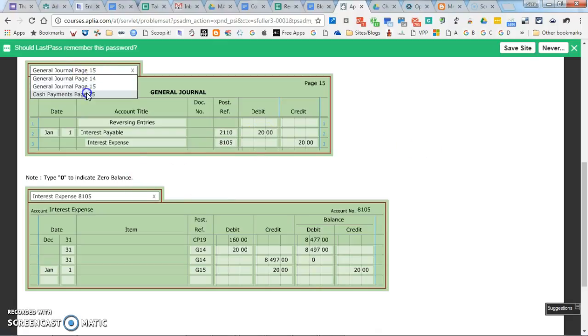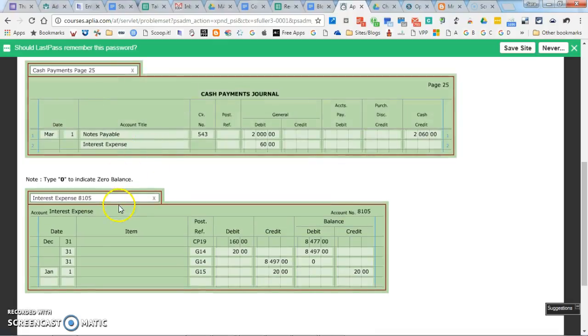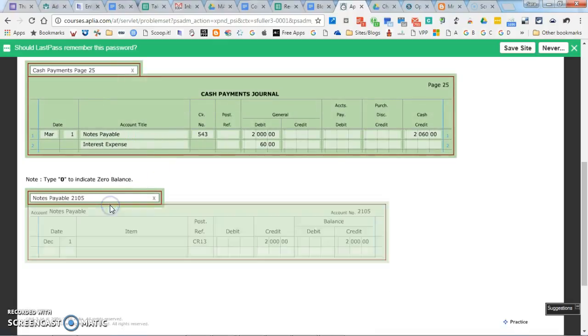And then finally we have our cash payments journal. So notes payable first. So date is March 1st, CP 25. A debit of $2,000. So our credit balance is 0. Post reference is 2105.